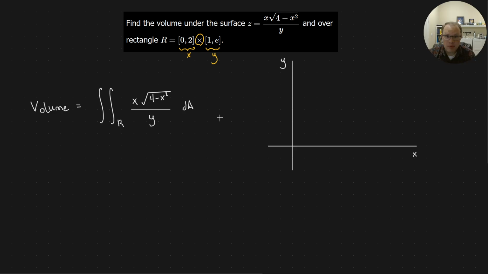I'm looking at the range of the first variable, the first dimension, and the range of the second variable, the second dimension, and I'm putting them together. So x goes from 0 to 2, and y goes from 1 to e. Now e is about 2.71, so not quite 3. So 1, 2, and then e will be a little less than 3.